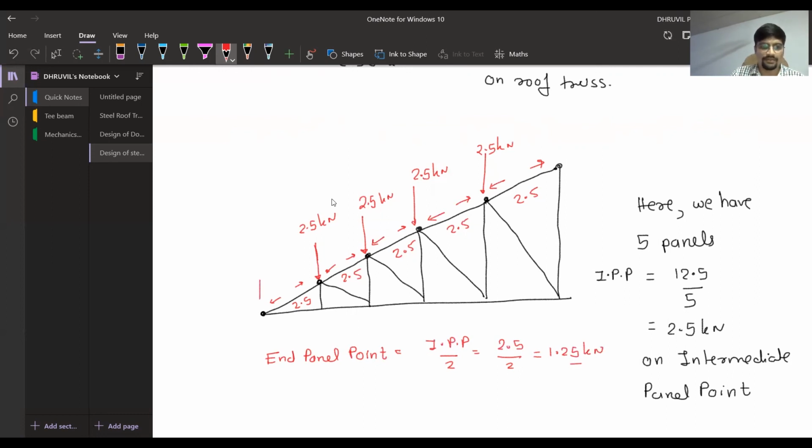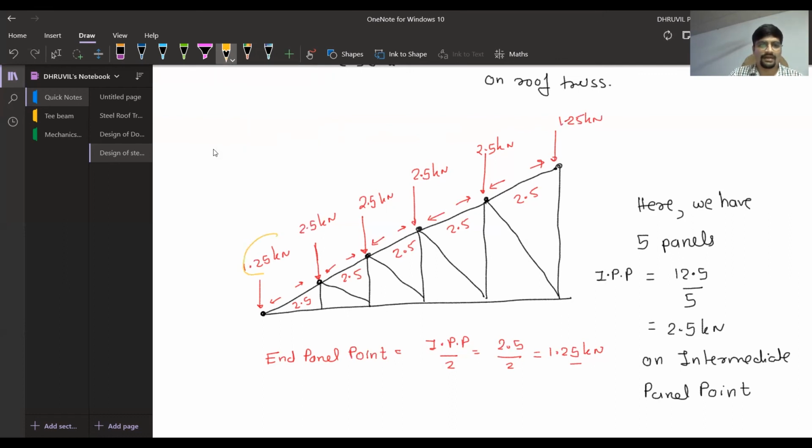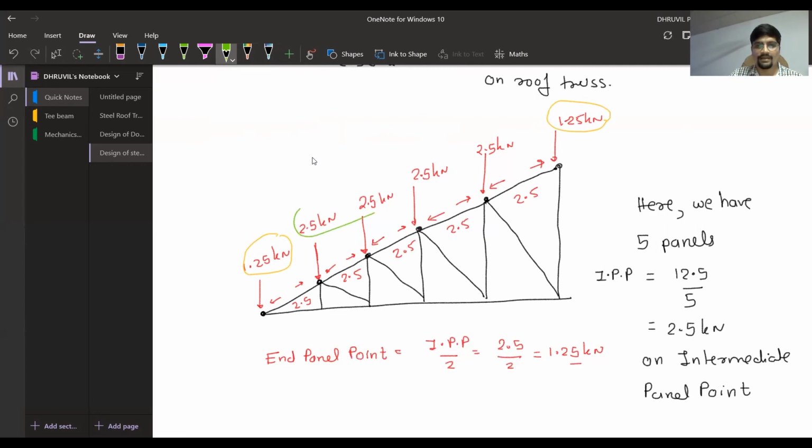So here it will be half of 2.5, equal to 1.25 kilonewton, and here also it will be 1.25 kilonewton. It means these are end panel points and those in between are intermediate panel points.